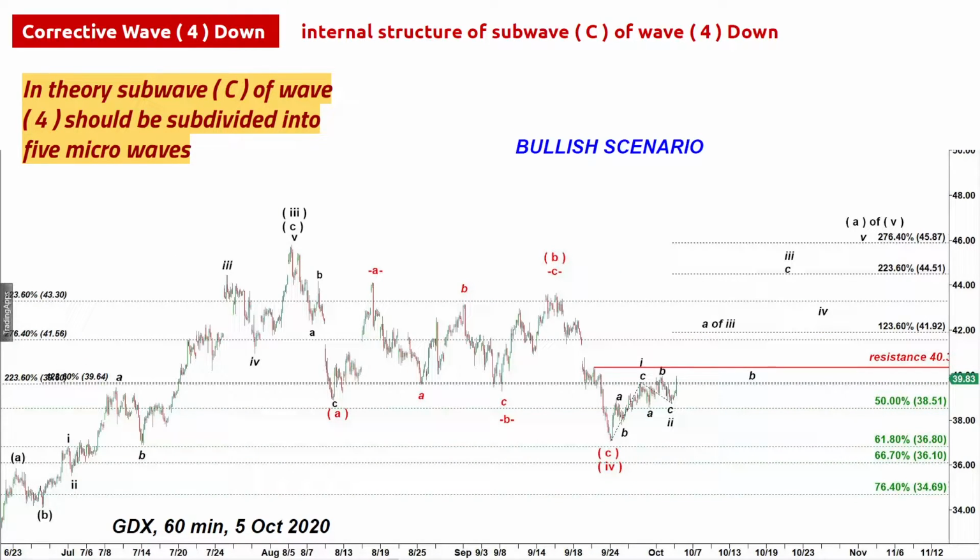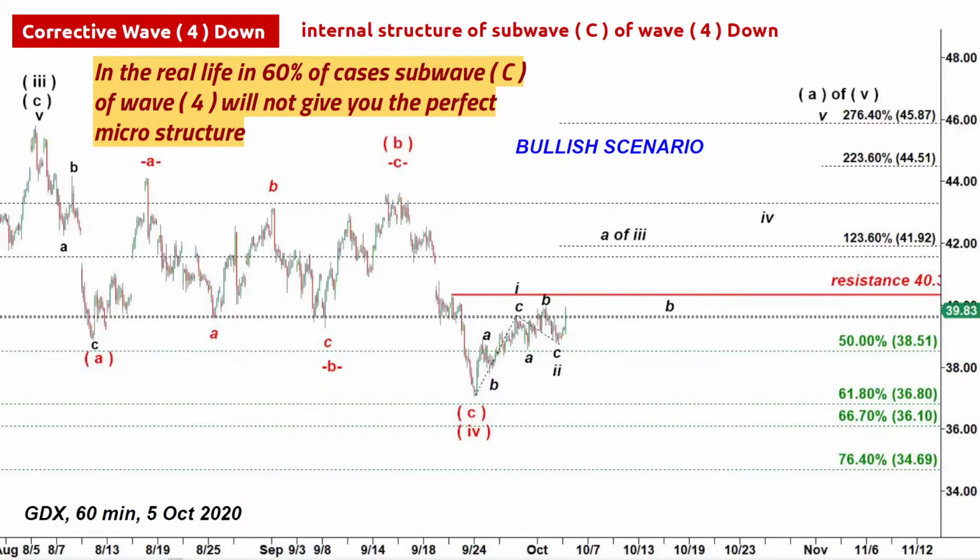Now we need to understand that trading gold miners and gold together provides you with an additional opportunity to compare them to each other. Sometimes gold miners lead rallies or declines, sometimes gold leads, and very often they have very similar counts, and we watch them together to collect evidence in favor of each scenario.